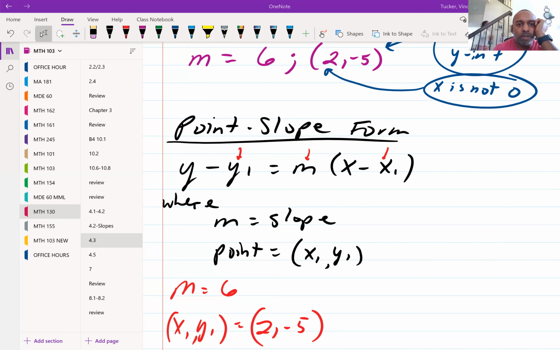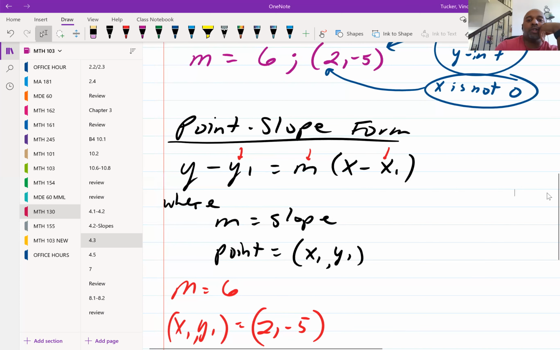Did they not mention perpendicular? Parallel. Oh, y'all looked out. They didn't talk about perpendicular lines. Okay. All right, so let's go ahead and plug in.